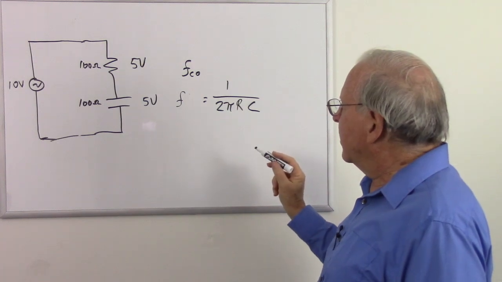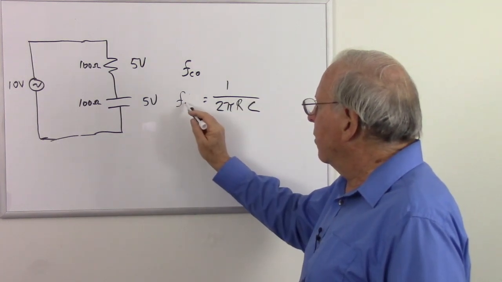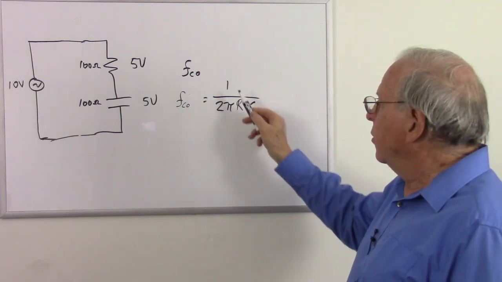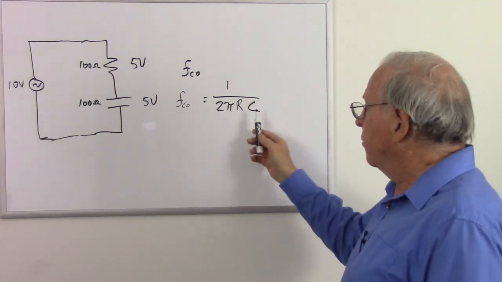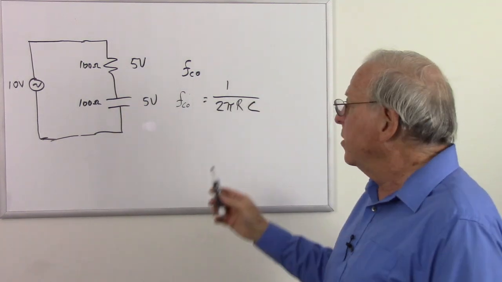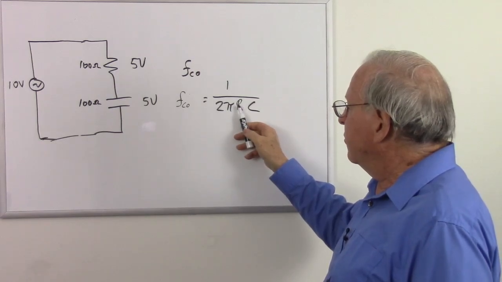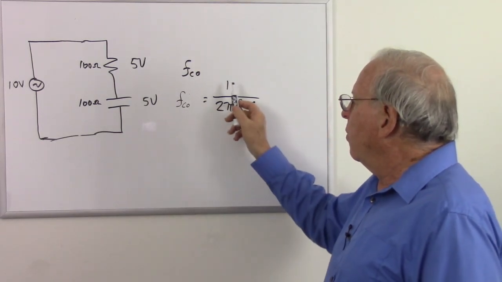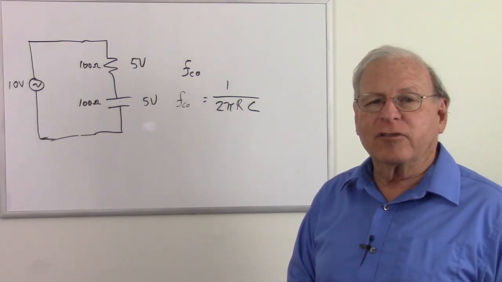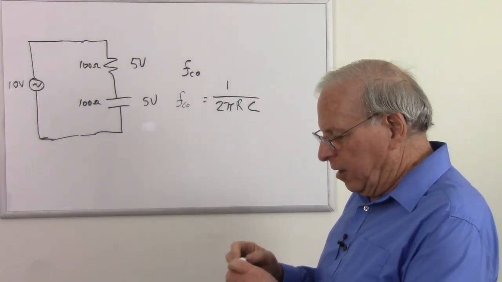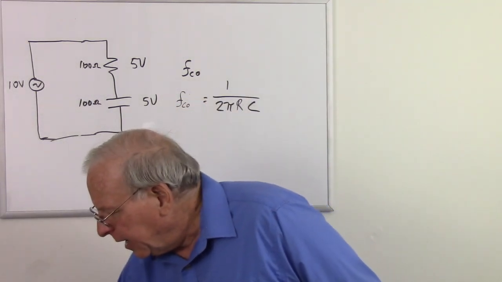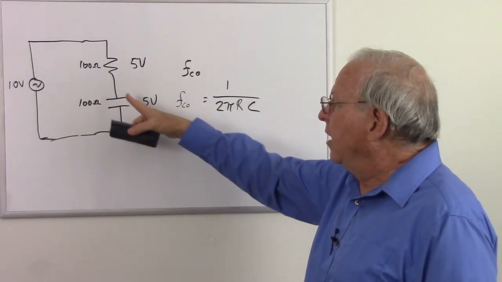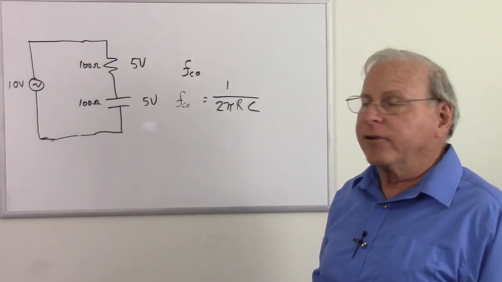So just like that, we swapped it out. That's going to be our cutoff frequency. So our cutoff frequency is equal to 1 over 2 pi RC, and we work that formula just like the capacitive reactance. But instead of telling us the capacitive reactance, we swap out those two terms, and now 1 over 2 pi RC tells us the cutoff frequency for that particular filter. And whether it's a high-pass filter or a low-pass filter depends on where we arrange the resistor and the capacitor.